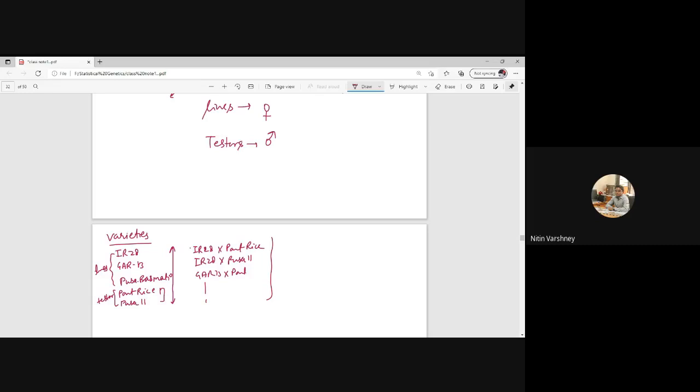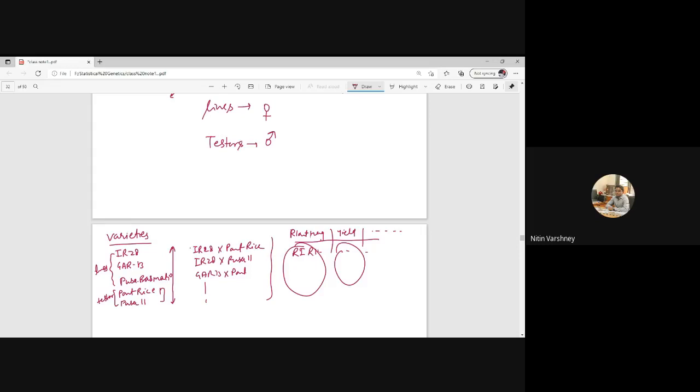On the basis of different crosses, we will study different characters like plant height, yield, and other characters. We will see the replicated data R1, R2, R3.